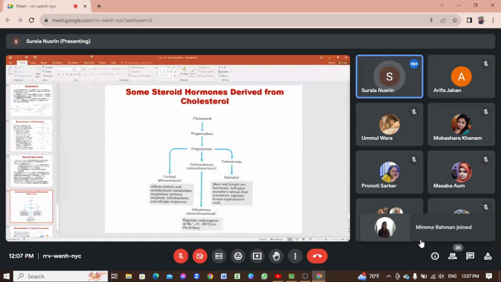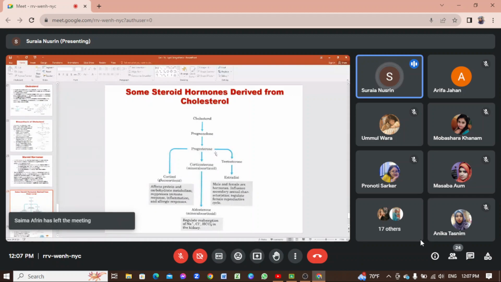Okay, so this is the pathway by which the different steroid hormones are synthesized. If you look at cholesterol, at first it is converted to pregnenolone, and that is converted to progesterone. From progesterone, all the other steroid hormones are synthesized.